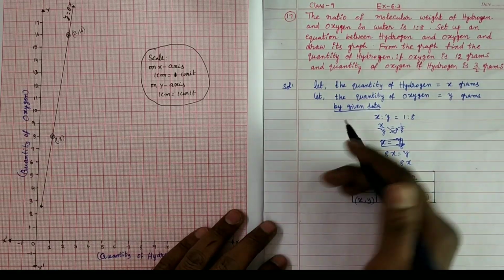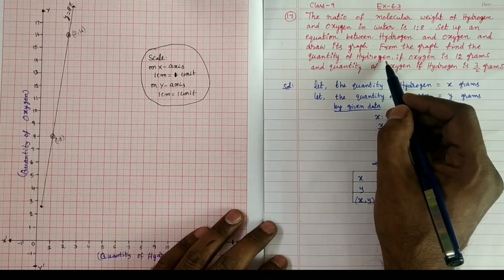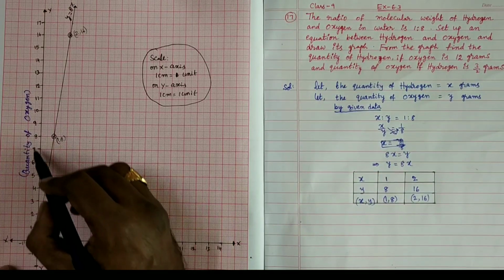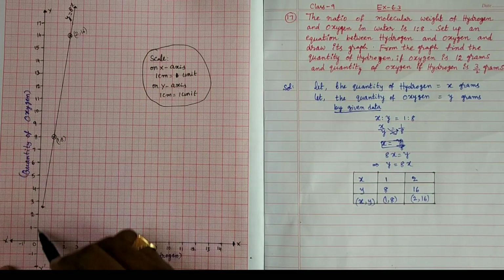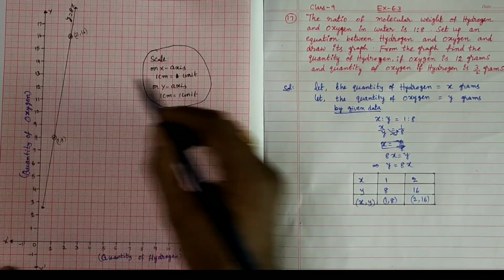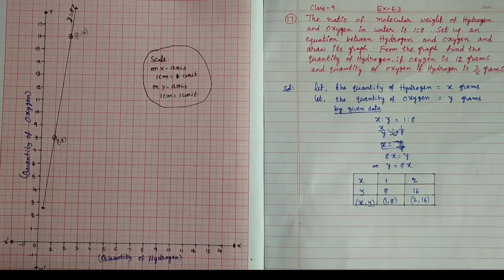In this graph, some questions are asked. From the graph, find the quantity of hydrogen if oxygen is 12 grams. So oxygen represents the y-axis. If oxygen is 12 grams, find the quantity of hydrogen. So take dotted lines.